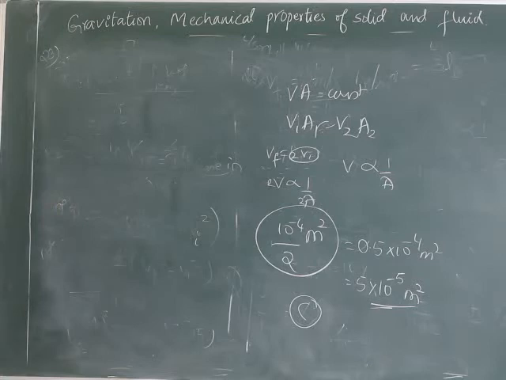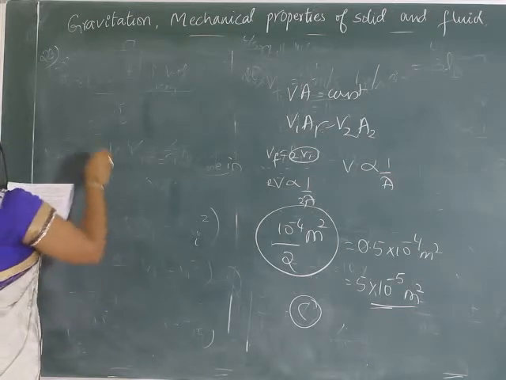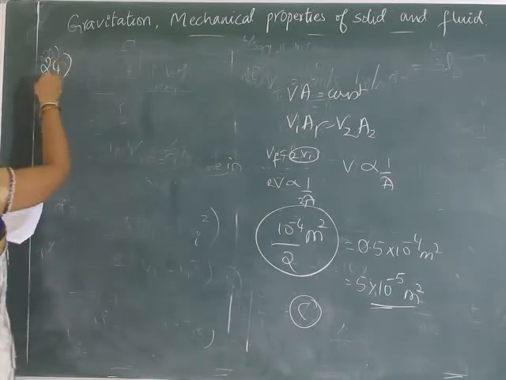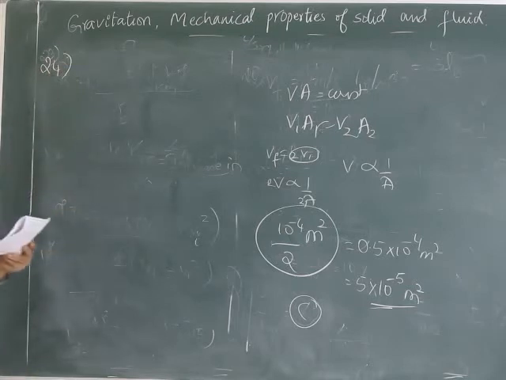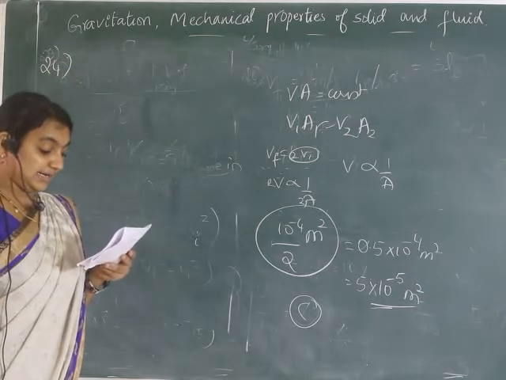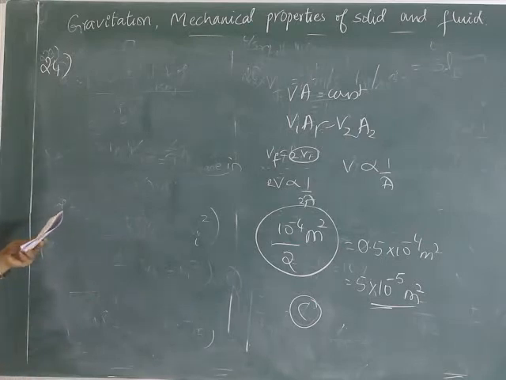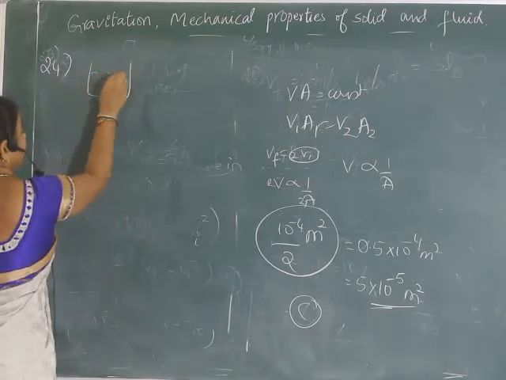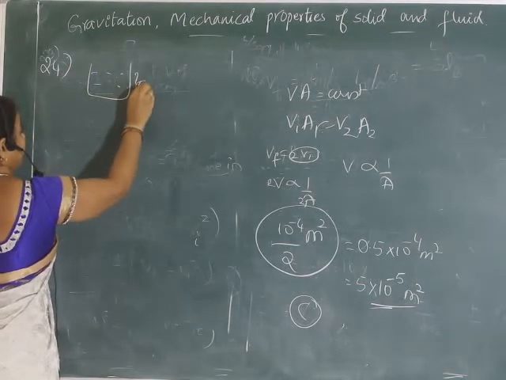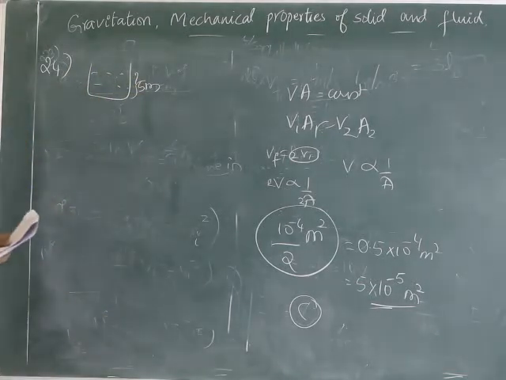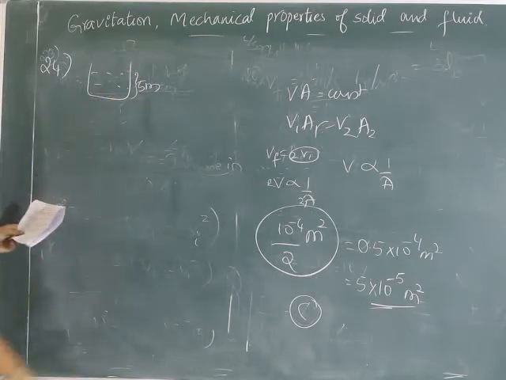Next question is 24th question. Can you help me for the 24th question? The level of water in a tank is 5 meter high. A small hole of area 1 centimeter square is made at bottom of the tank.